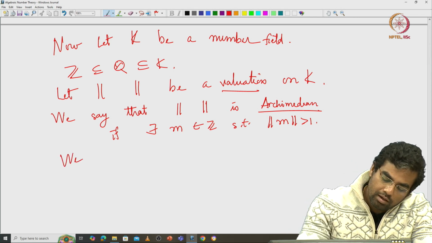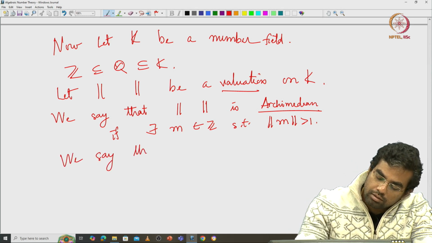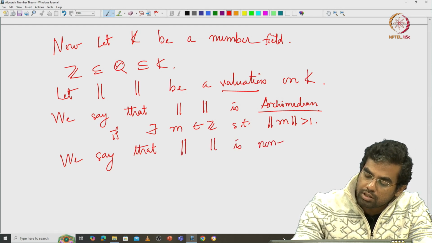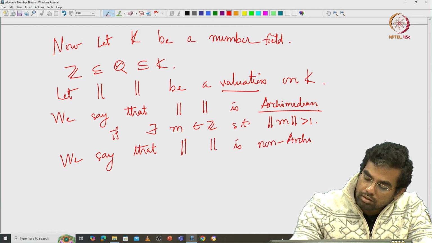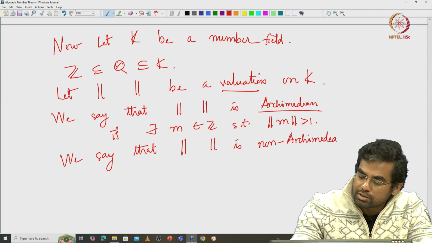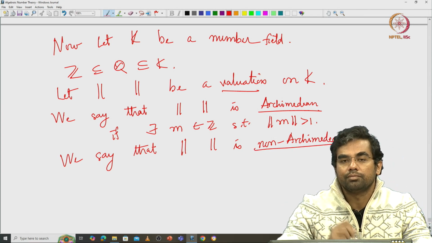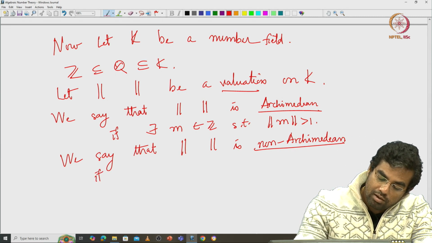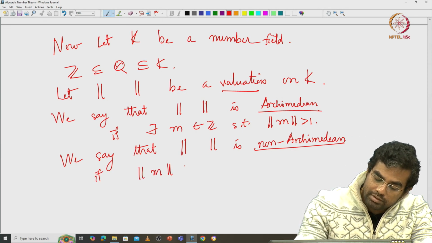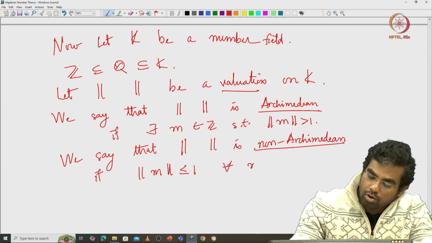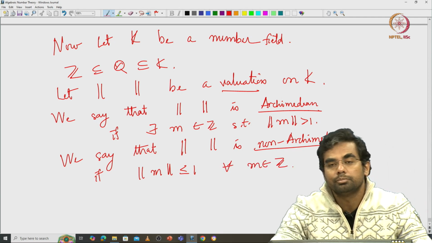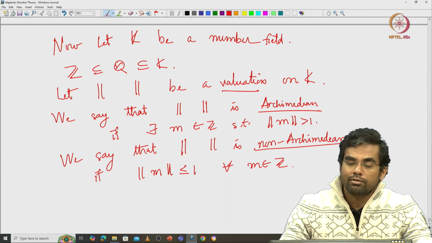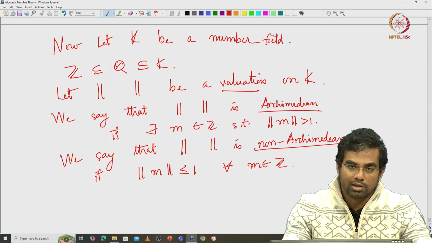And we say that this valuation is non-Archimedean, which is not the sort of system we usually encounter until we start doing algebraic number theory, if the valuation of m is less than or equal to 1 for all integers m. So you keep adding 1 to itself, but you never get anything with valuation bigger than 1.